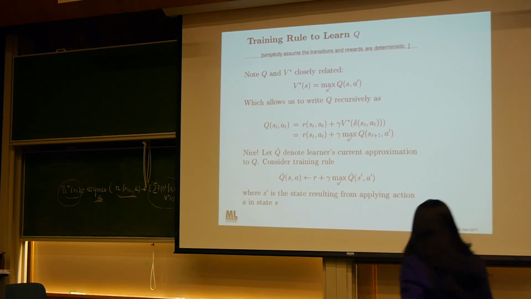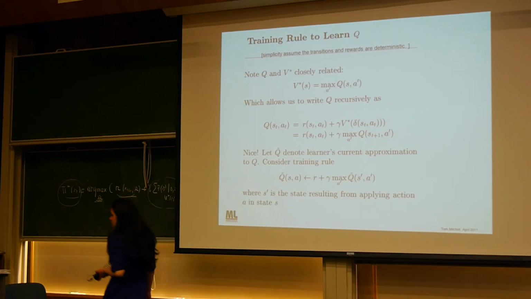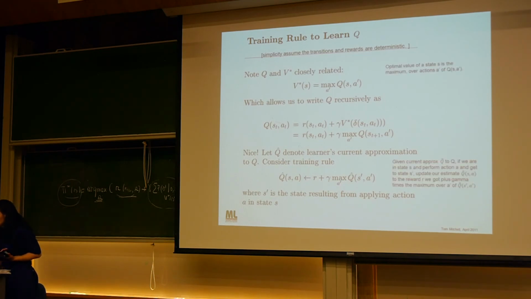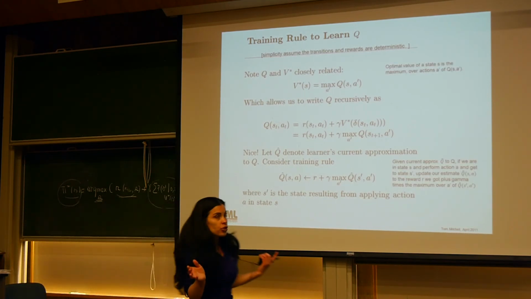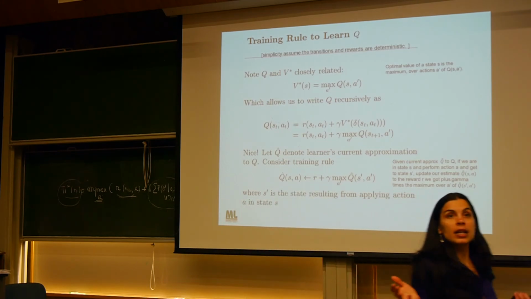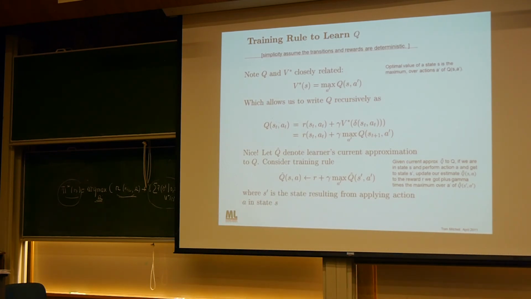So by definition, V star of S, the optimal value of a state S, is just the maximum over all actions A prime of Q of S and A prime. That's just by definition of the Q and V star functions.